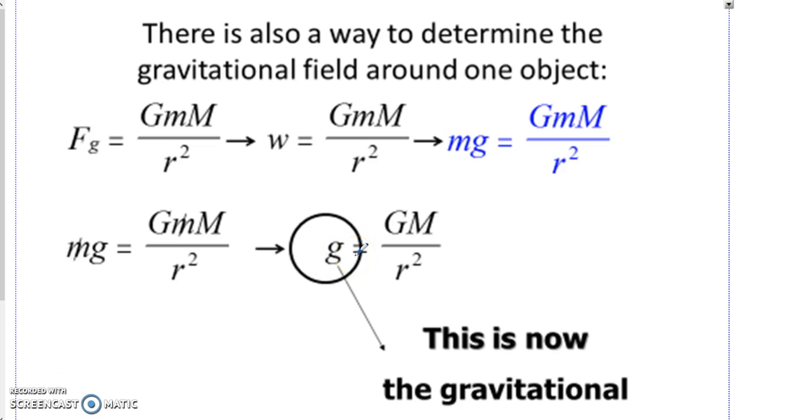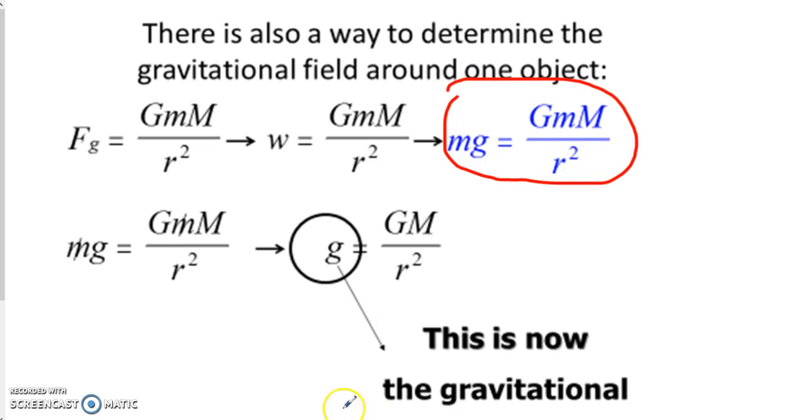So there's also a way to determine the gravitational field around one object. So we take our universal law of gravitation and we change it to weight. So weight is equal to mg, and we're left with this derivation of a formula.